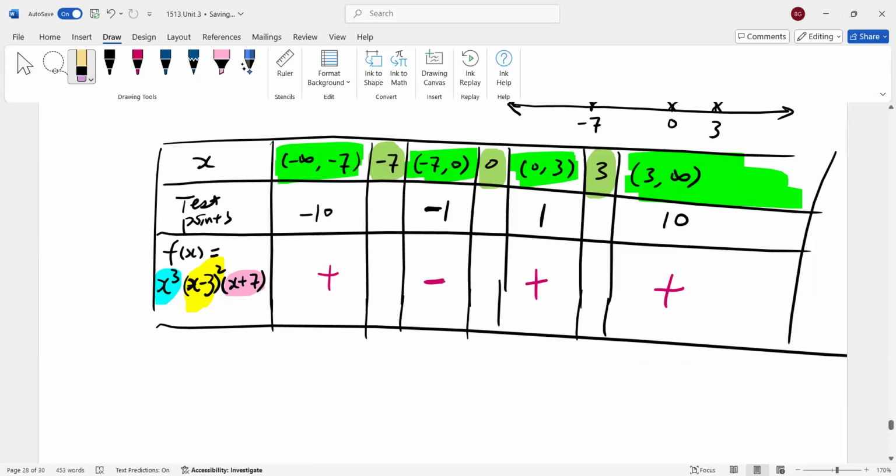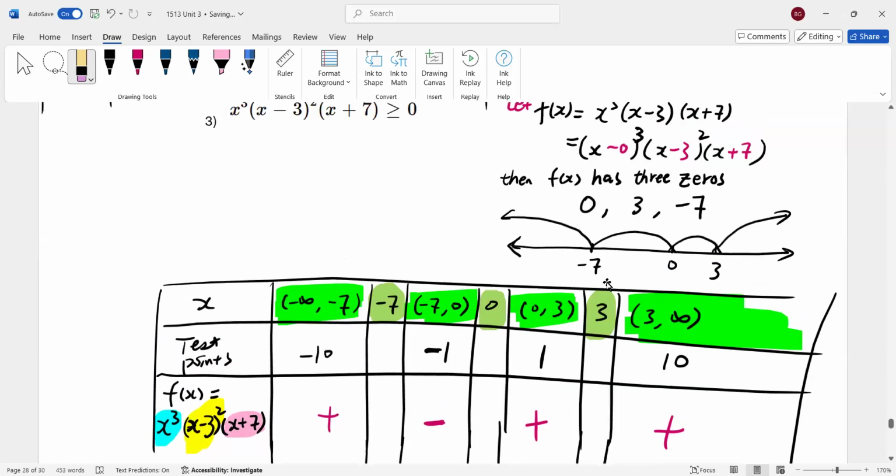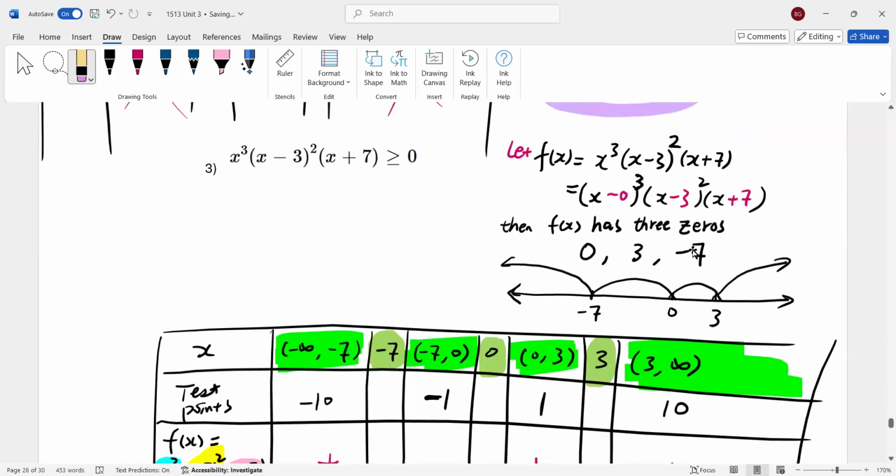You might want to make sense of the reason. How come the two intervals next to each other are both positive? Because 3 is a zero with multiplicity 2.